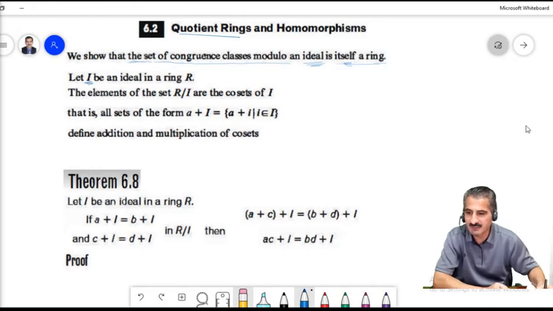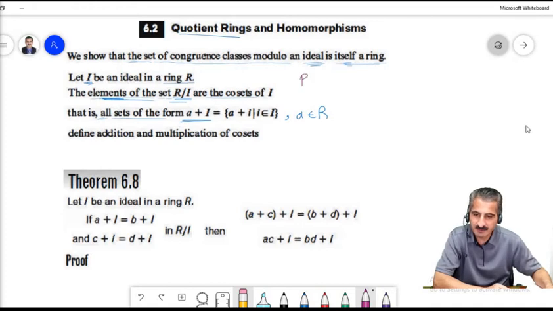Let I be an ideal in a ring R, and take the elements of the set R over I to be the cosets of I, where a can be any element from the ring R. The quotient ring R over I will consist of the cosets a plus I of the ideal I, where a is any element in the ring.